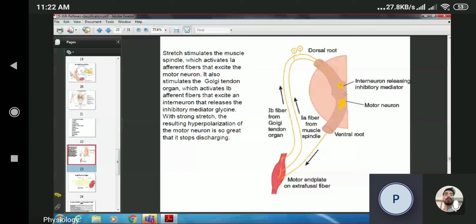It releases an inhibitory mediator known as glycine. Glycine is an inhibitory neurotransmitter. With strong stretch, the resulting hyperpolarization of the motor neuron is so great that it stops discharging. And then there is no more contraction of the muscle, there is relaxation of the muscle.